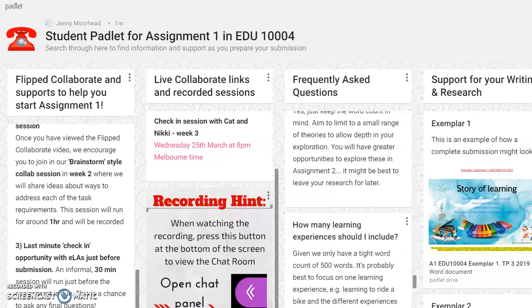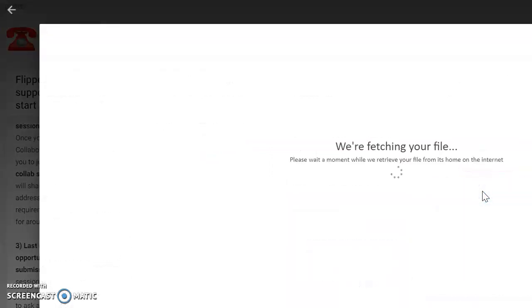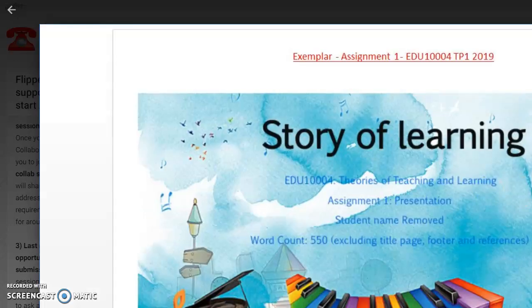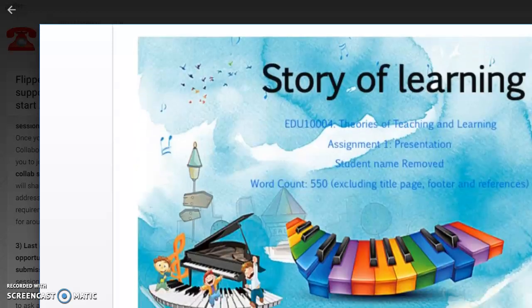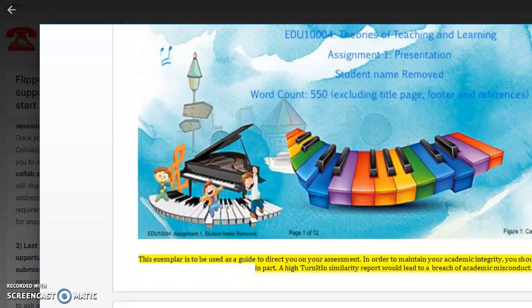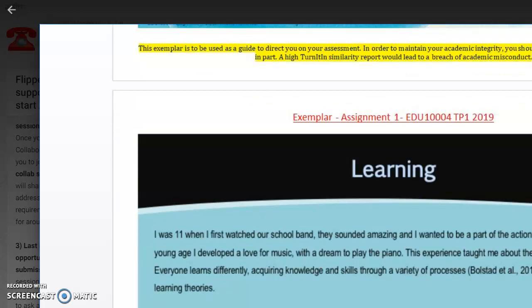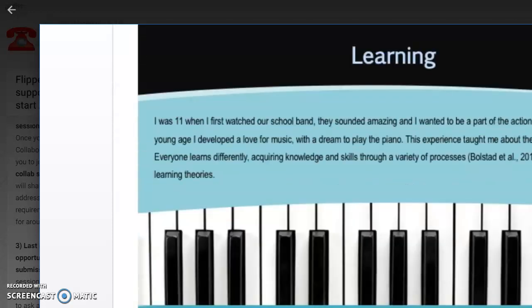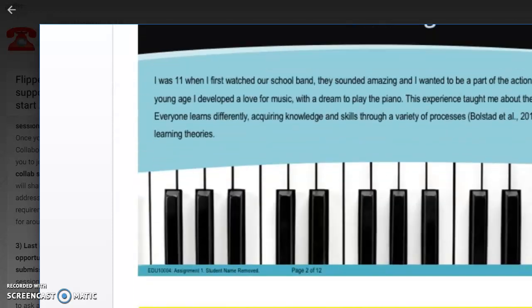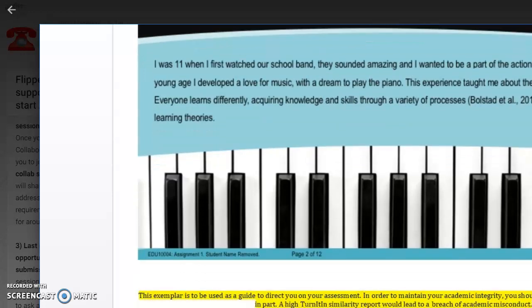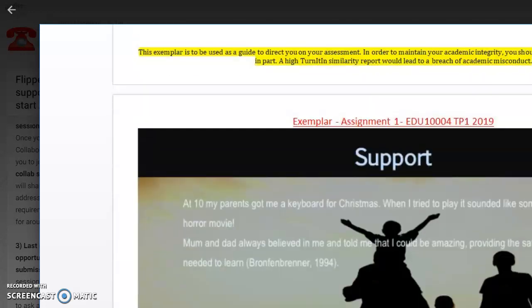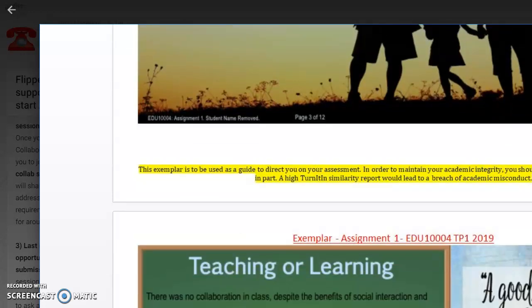Let's just pop over here because we've included a couple of exemplars. This might help you feel a little bit more confident when you first start working on your assignment. So have a look through here. This obviously is a piece of work that is not to be copied, but it might make you a little bit more confident as you come up with your own ideas. You can see this student's talking about the support.